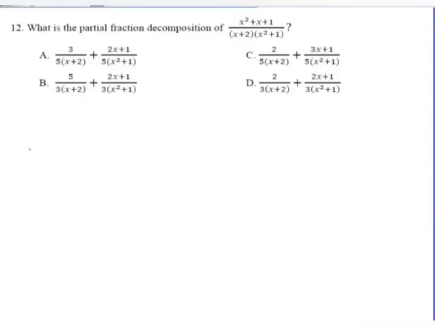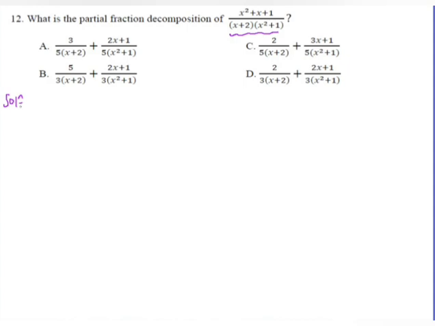What is the partial fraction decomposition of the given rational expression? There is a rule for decomposition into partial fractions. Our expression is x squared plus x plus 1 over x plus 2 times x squared plus 1. This is our rational expression.